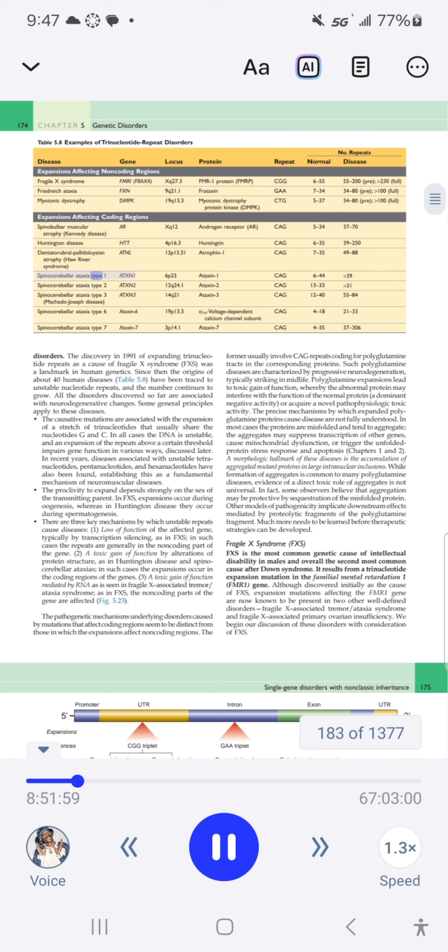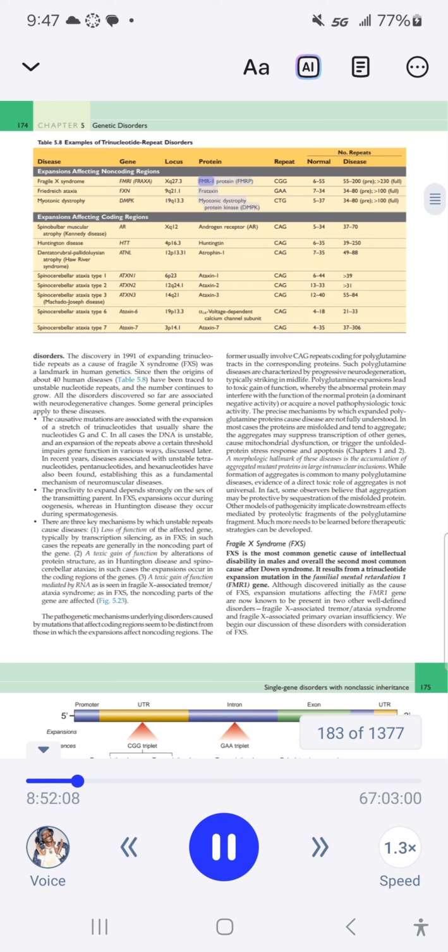Spinocerebellar ataxia type 1 ATXN1. Spinocerebellar ataxia type 2 ATXN2. Spinocerebellar ataxia type 3 ATXN3. Machado-Joseph disease. Spinocerebellar ataxia type 6 ataxin 6. XQ12, 4P16.3, 12P13.31, 6P2312Q24.1, 14Q21, 19P13.3, spinocerebellar ataxia, type 7 3P14.1 ataxin to 7.